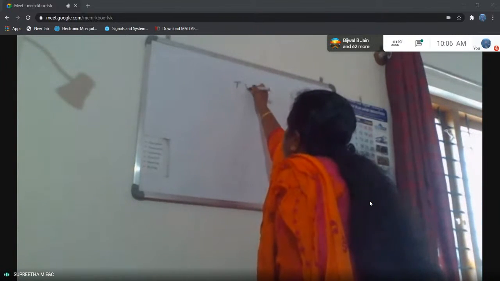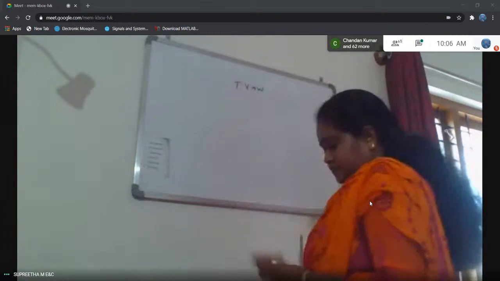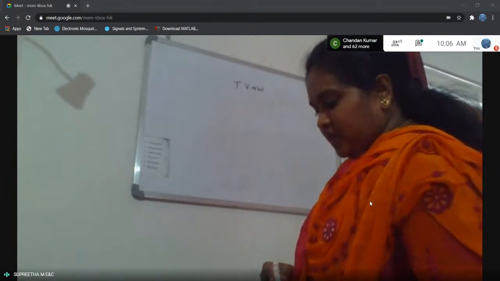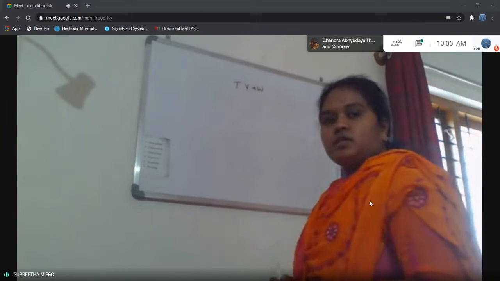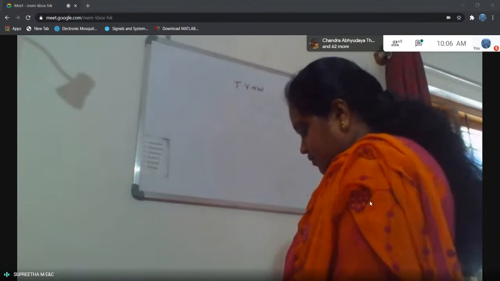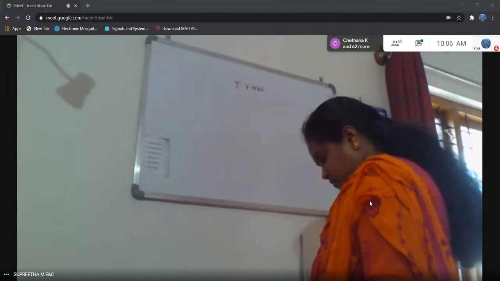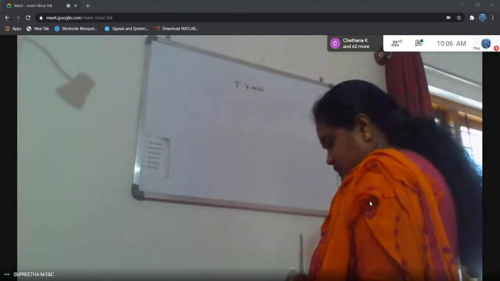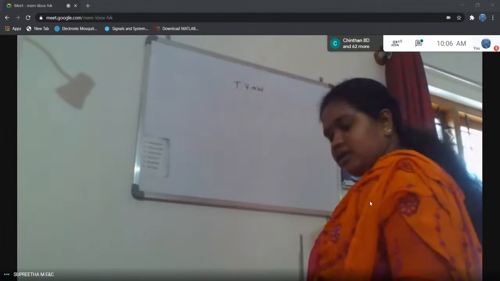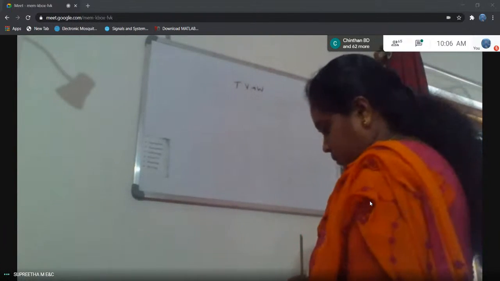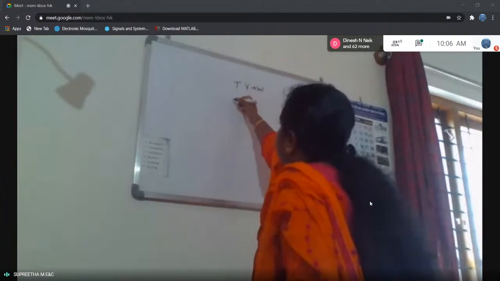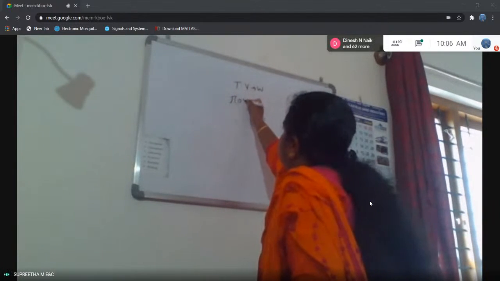If T is a transformation from V to W, assuming V and W are two vector spaces, the first theorem we saw is the transformation of a zero vector. I need to prove that the transformation of a zero vector is equal to 0.